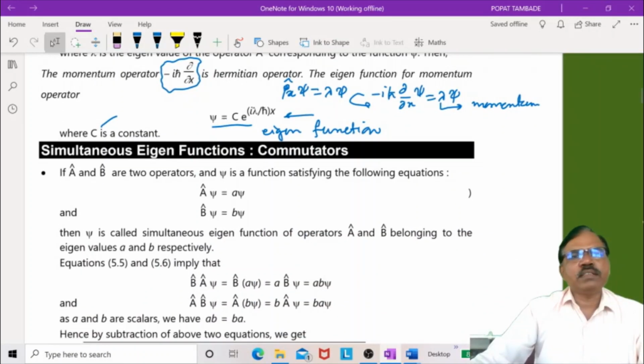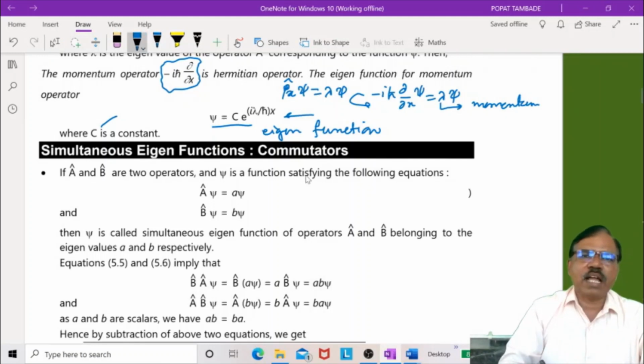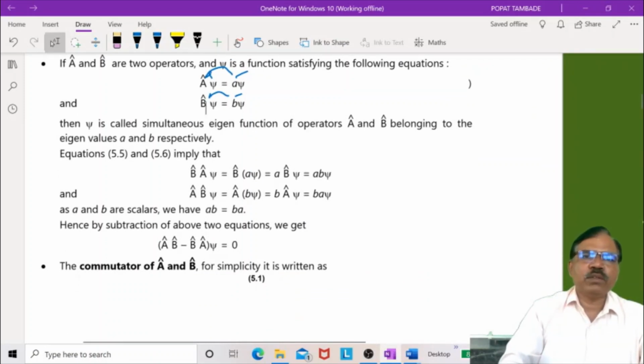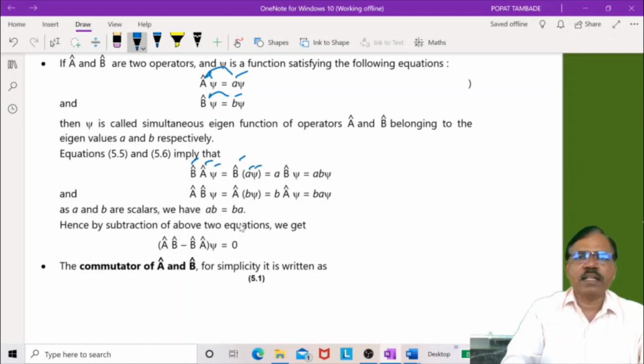Now we will see simultaneous eigenfunctions and commutators. If A and B are two operators and psi is a function satisfying the following relation, means A psi is equal to small a psi, B psi is equal to small b psi, where a and b are eigenvalues corresponding to A and B respectively, and psi is the eigenfunction for operators A and B. So if we have simultaneous operation, BA psi will be B small a psi, that is AB psi.